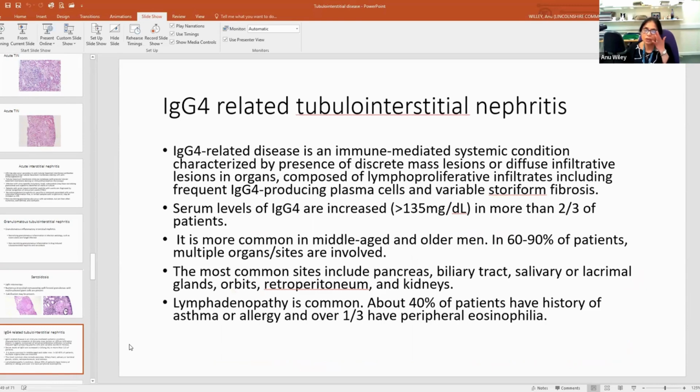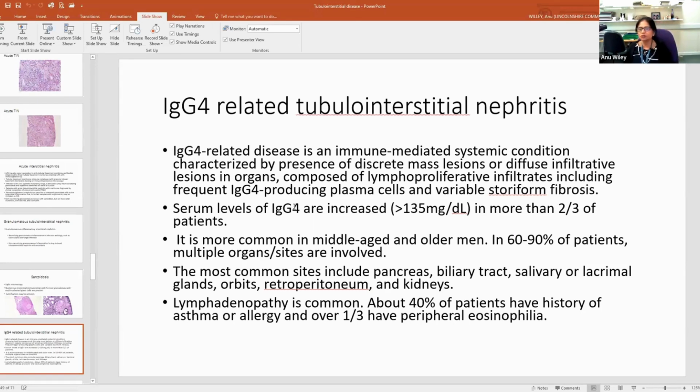Something I'm bringing in along with the typical TIN is IgG4-related tubulointerstitial nephritis, which has become a diagnosis in the last 10 to 15 years. IgG4-related disease is an immune-mediated systemic condition that normally doesn't involve just the kidney.